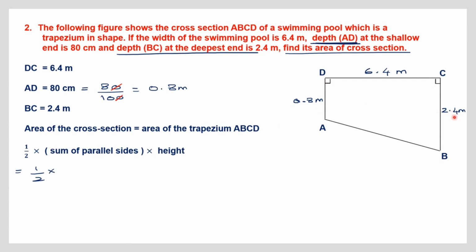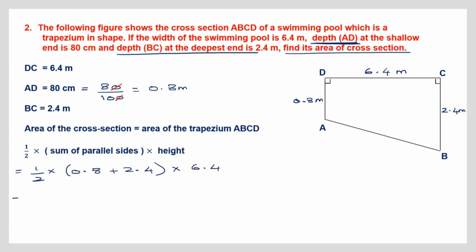These are parallel sides, so we can add up these two. So that will be 0.8 meters plus 2.4 meters into the height, and the height is the distance between the two parallel sides. The distance is the height, and that is the width, which is 6.4 meters.